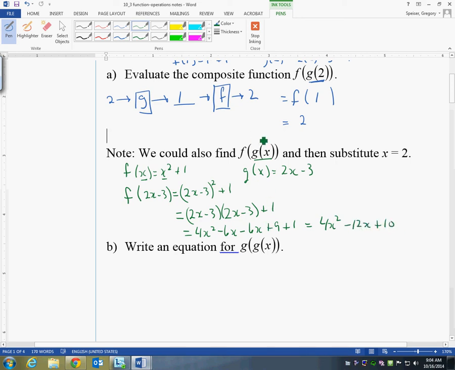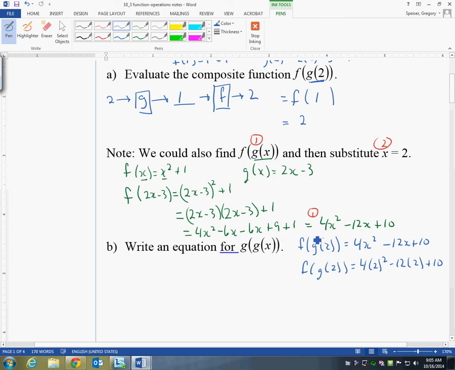If we think about this as two different steps, first of all find this, that's step number 1, and then step number 2 is to substitute x equals 2. So f of g at 2 is equal to, now I'm going to put a 2 in there.